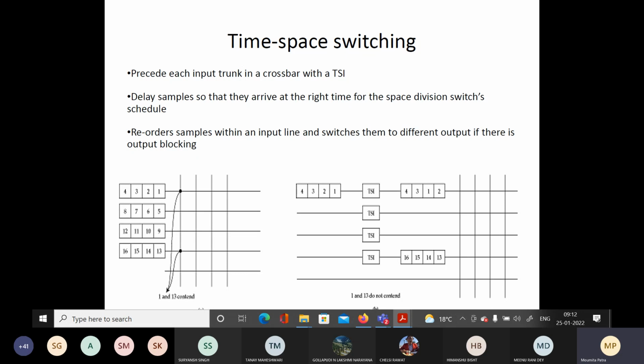So this is how your time space switching will help you if you have output blocking. That means for a given output port, if there is a contention, the output port is not available for the corresponding input port. In this kind of scenario, your time space switching will help you out in avoiding that kind of contention.